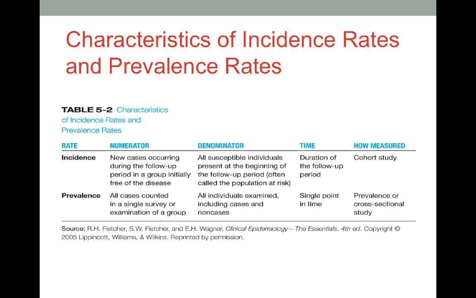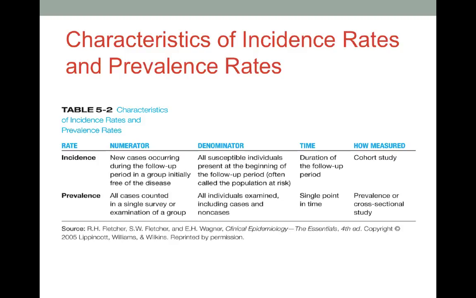So again, incidence refers to the number of new cases divided by the number of susceptible people over a period of time, whereas prevalence is the number of cases divided by the number of people who could have that disease at a single time point. Conducting a study of incidence, you would track a given population, whereas to measure the prevalence, you would just be looking at a single time point, and you could do this via survey. You wouldn't have to actually track anybody's health.